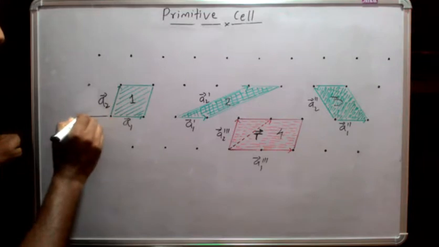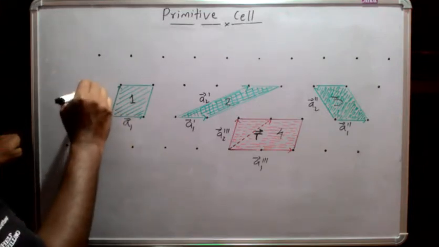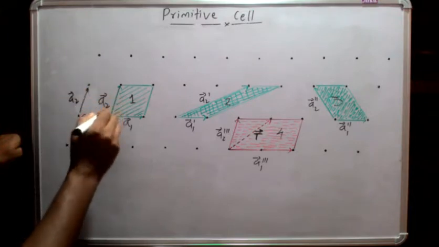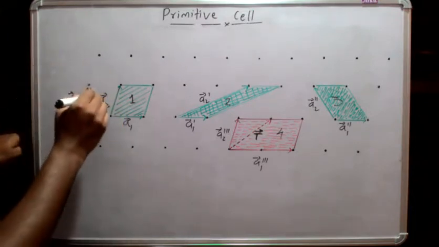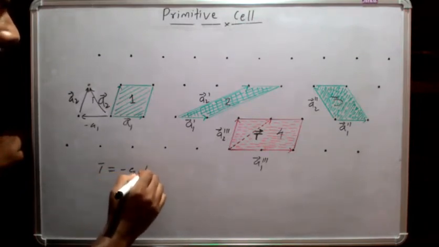This is minus A1 plus A2. Then this is the translation vector T, T equal to minus A1 plus A2.